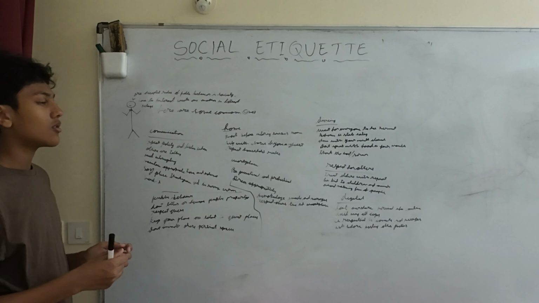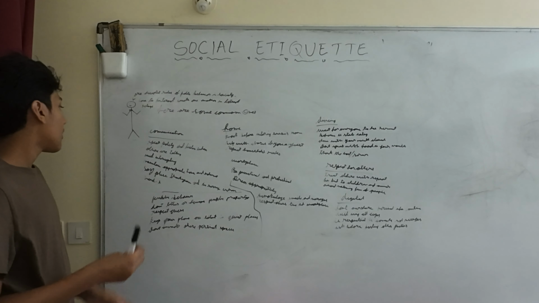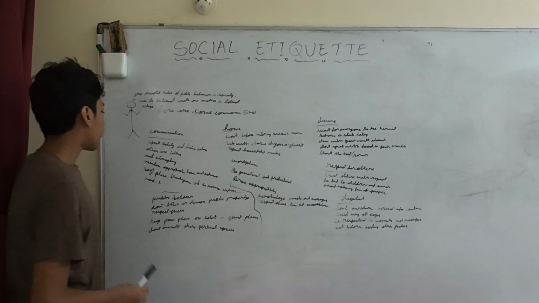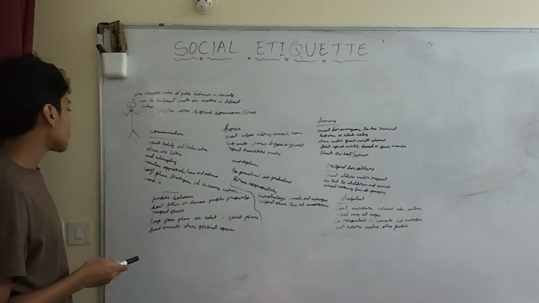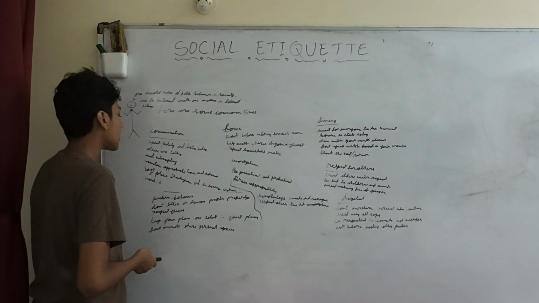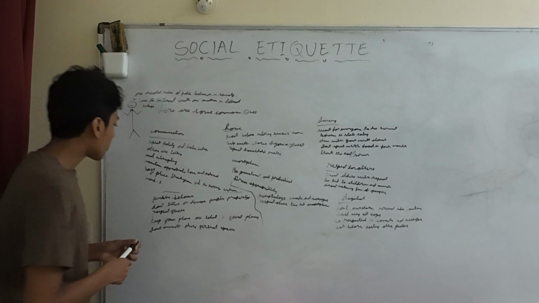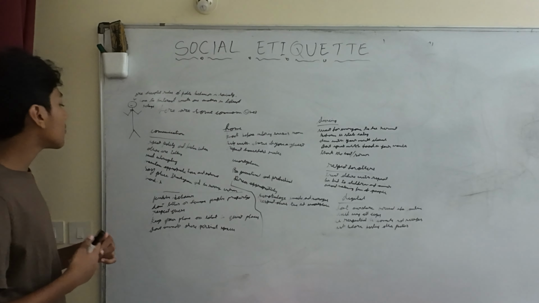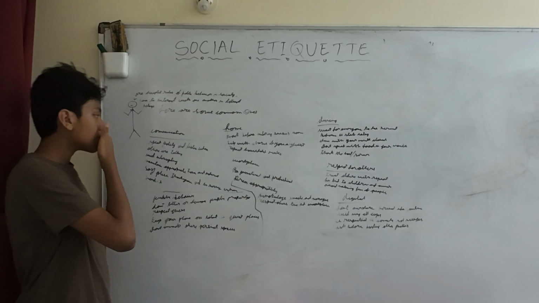Do not interrupt while they are talking, and listen properly. Maintain an appropriate tone and volume while you are talking as well, and say please, thank you, and I'm sorry when needed, in appropriate situations.